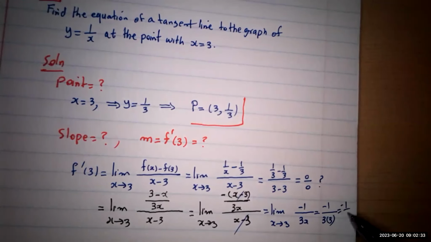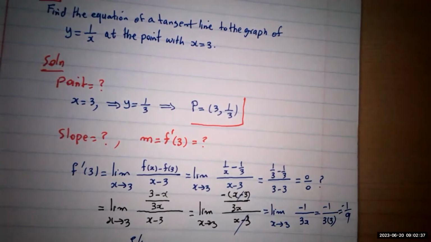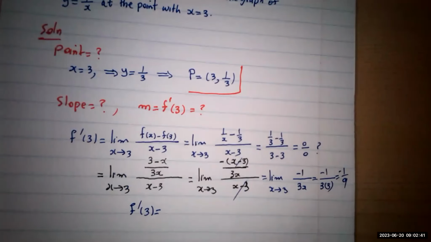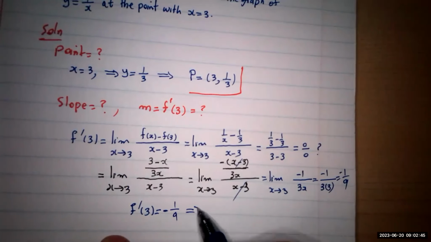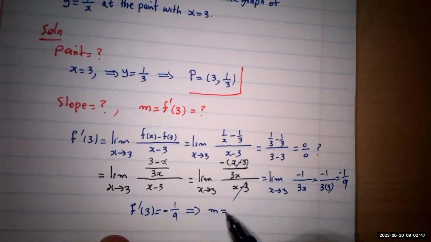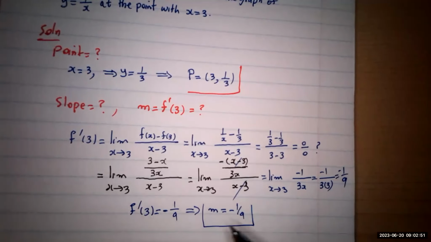Okay, -1/9. That's it. So the derivative of the function, which is the slope, is equal to -1/9. So the slope of the tangent line is going to be -1/9. In the future we have a shortcut, but not for the time being. We have the point 3 and 1/3, and we have the slope of -1/9.